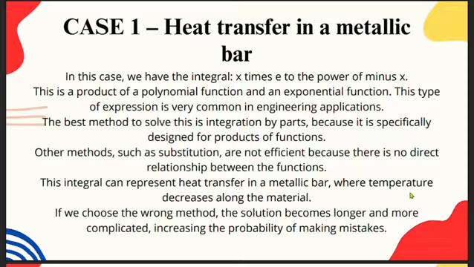The best method to solve this is integration by parts because it is specifically designed for products of functions. Other methods, such as substitution, are not efficient because there is no direct relationship between the functions.